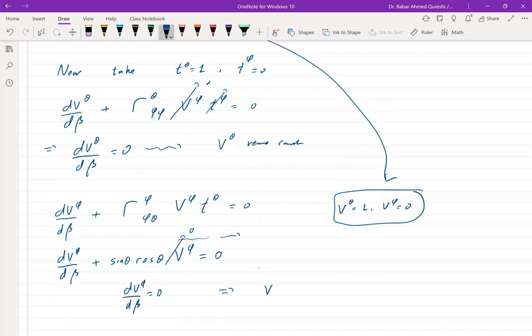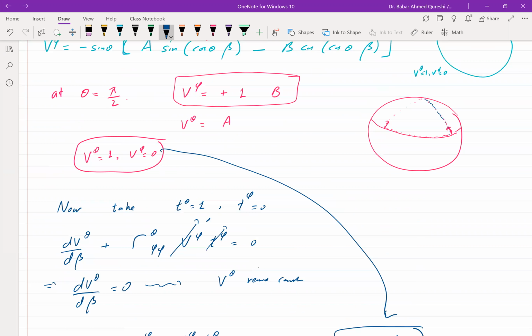So that means v theta and v phi both are constants, for this starting vector and a curve of constant phi. So that means if I take it up there, it will just go like this.